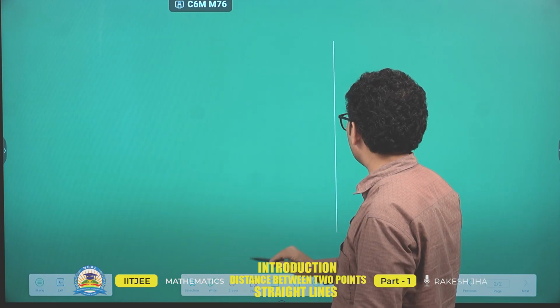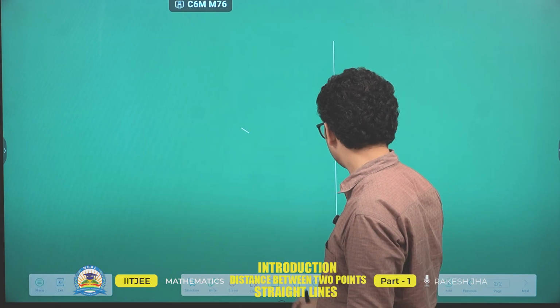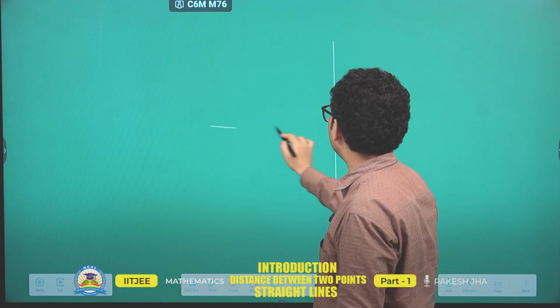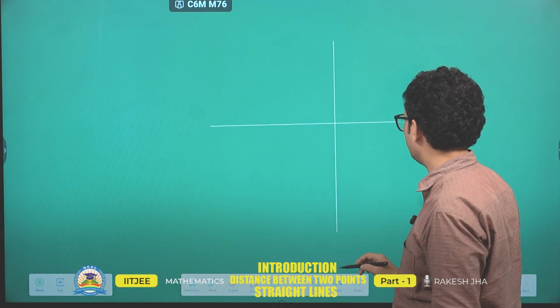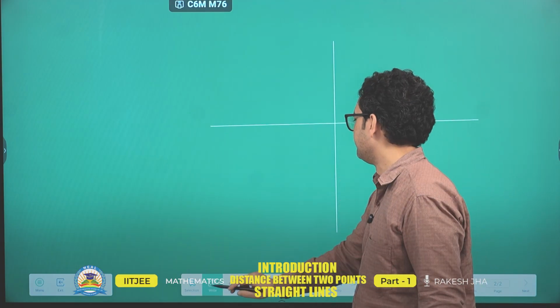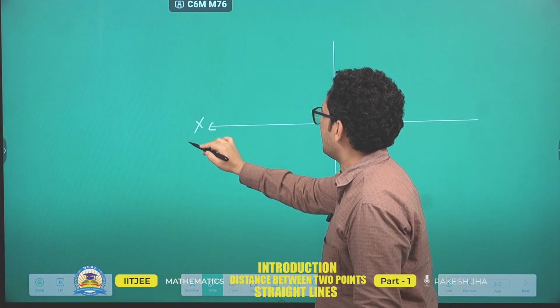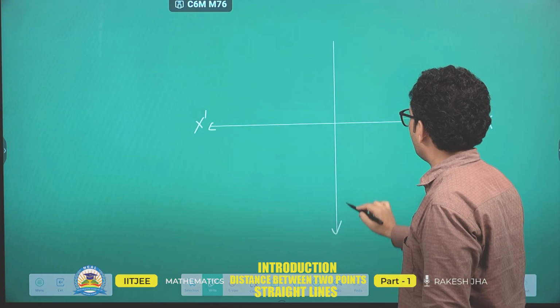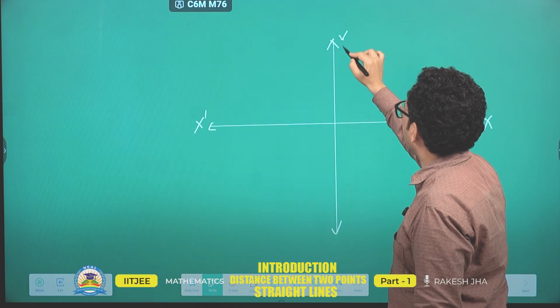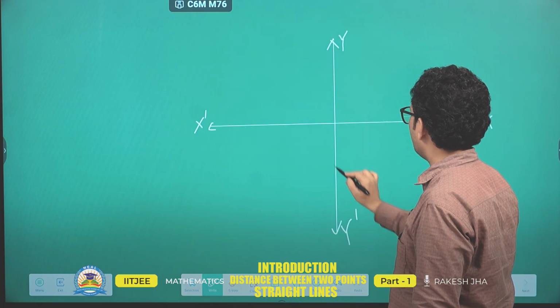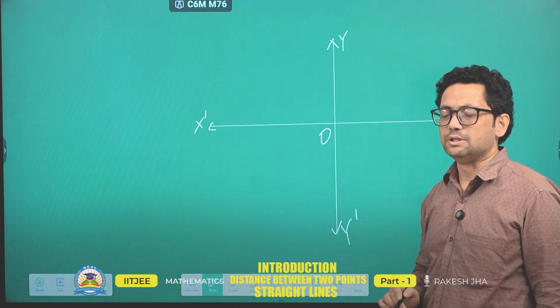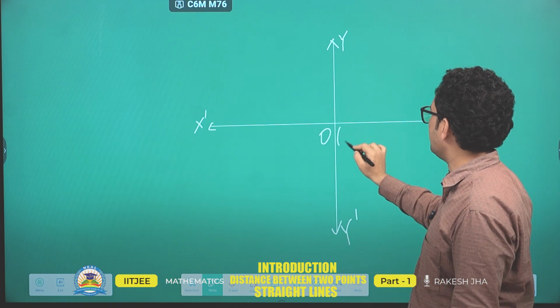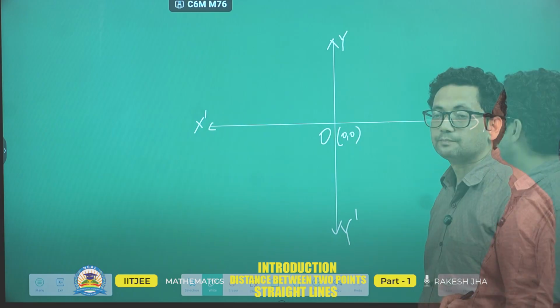So in this coordinate system, x dash x, y dash, O origin. The coordinates of the origin are 0, 0.